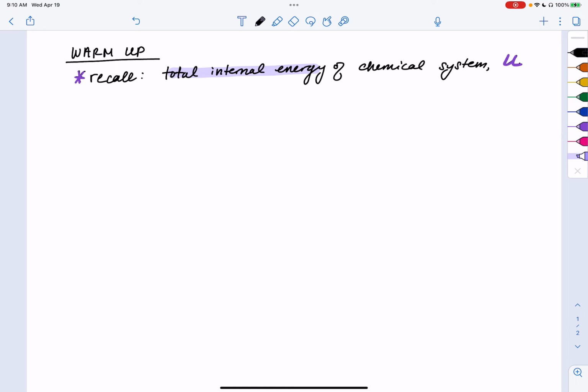So the total internal energy of a chemical system, U, is equal to the sum of the heat in a system, Q, and work. So Q is heat, and I'm going to shorten this to W, which is work.